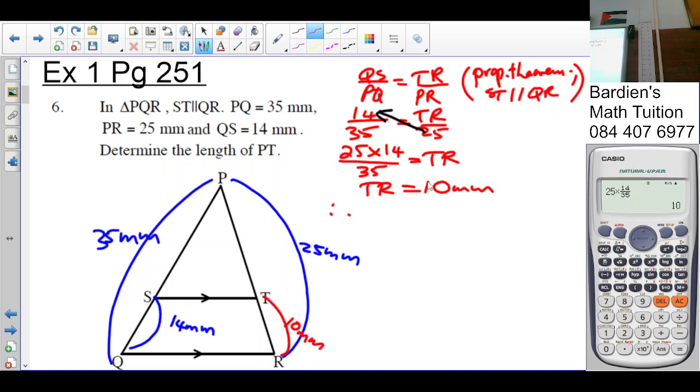So therefore, PT is equal to 25 minus 10, which is 15 millimeters. Okay, any confusion here? No?